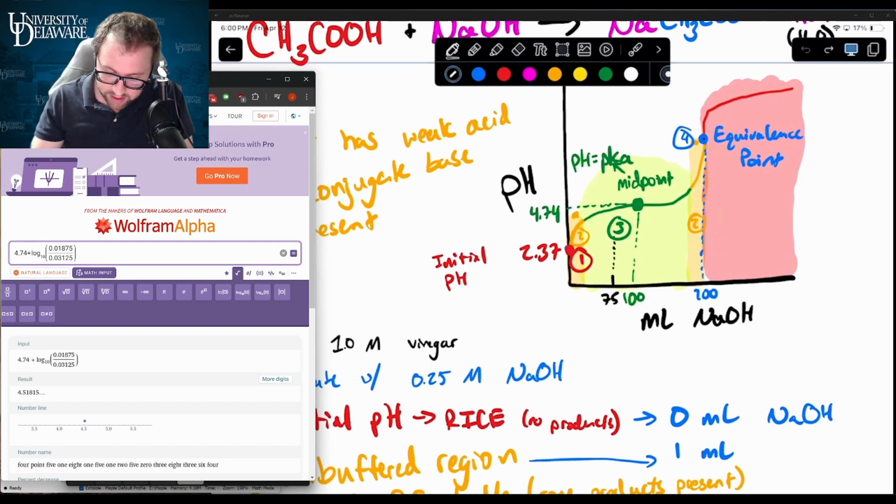In that other situation, when our pH was 4.9 or 4.8 or whatever it was, that was above our pKa, which corresponds to a volume past the equivalence point, which is not what we were doing.